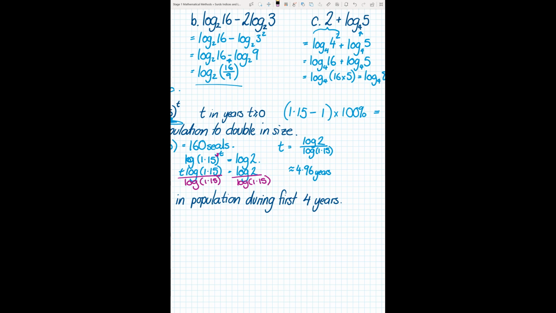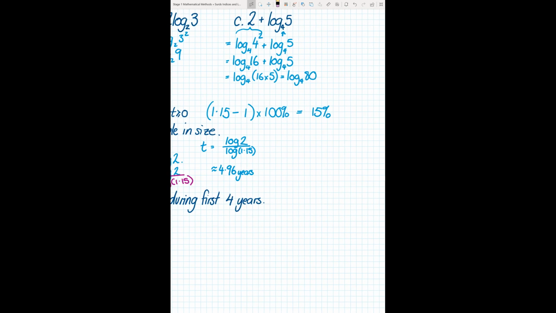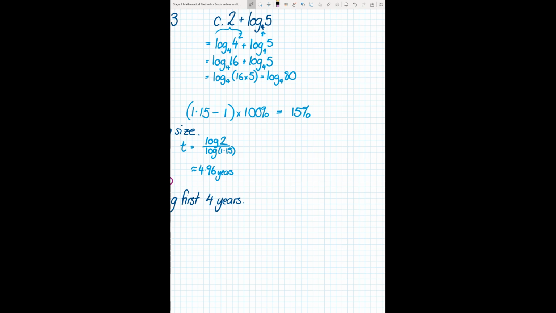Now 4.96 years is a pretty good answer, but we're mathematicians and we want to be as clever as we can about our answers. So we will recognise that that means 4 years plus 0.96 times 12 months.